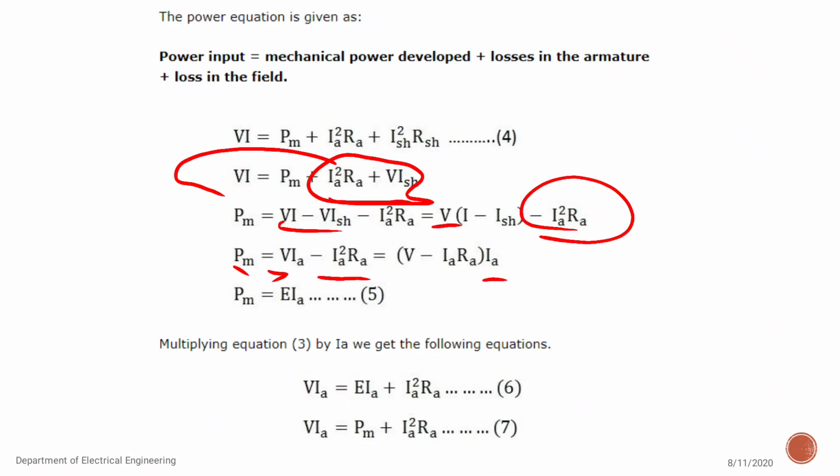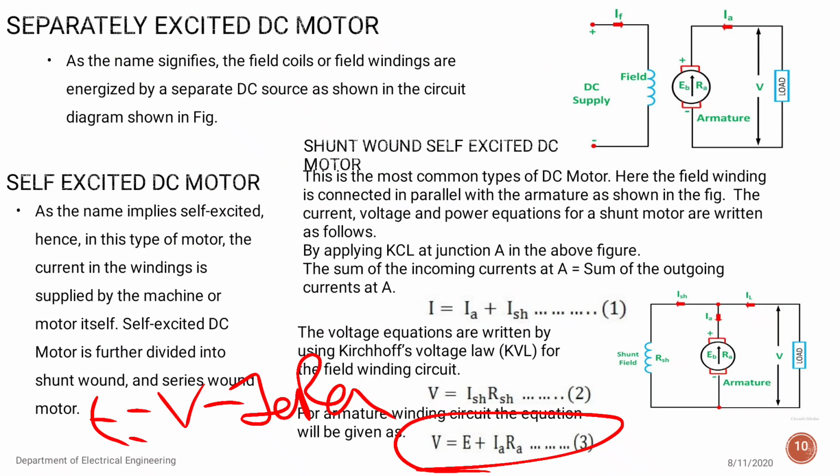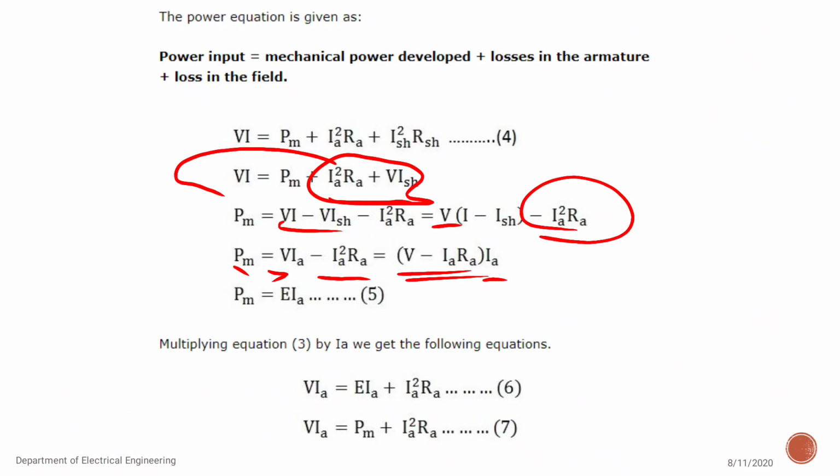So this V minus Ia Ra we can replace by E. So the mechanical power developed PM will become EIa.